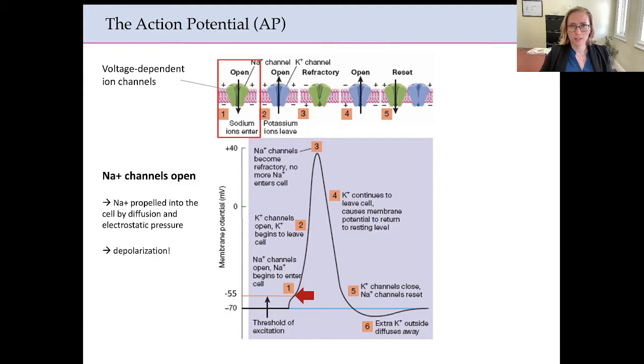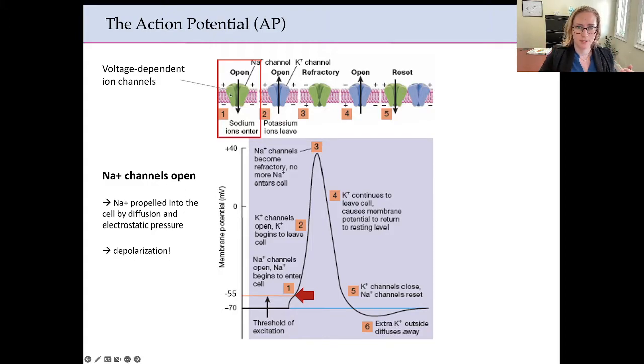Once the threshold of excitation is reached through inputs to the cell, we'll talk about why this even happens in another chapter, that triggers sodium channels to open up. Before that, sodium channels are closed, because remember the sodium-potassium pump is working really hard to make sure sodium stays out. Once the cell registers negative 55, sodium channels open.